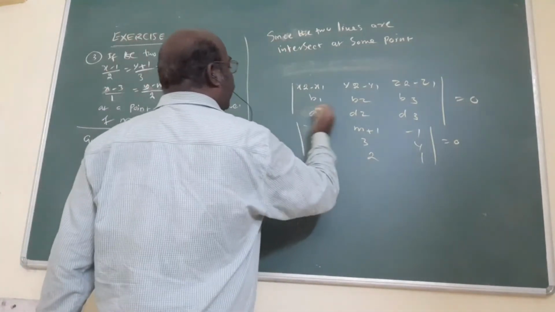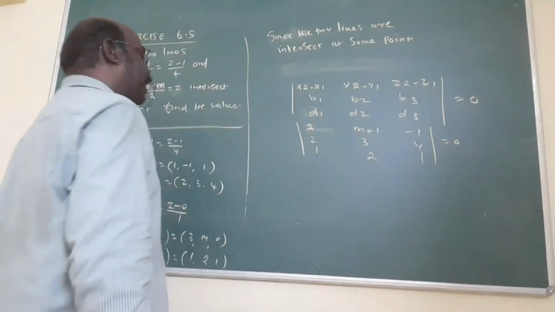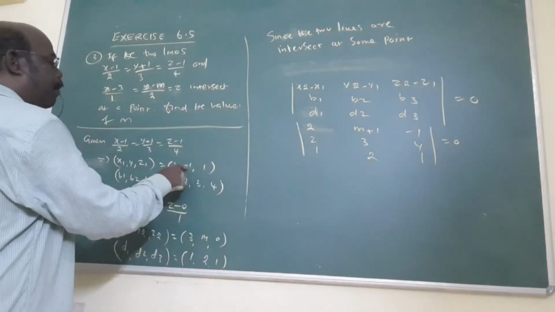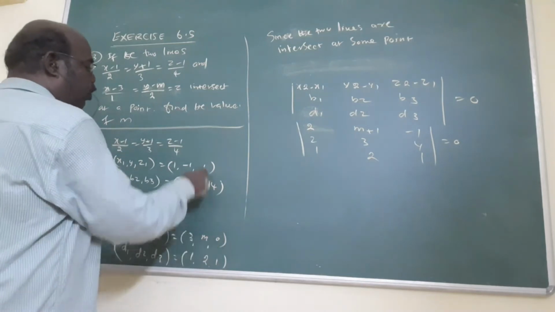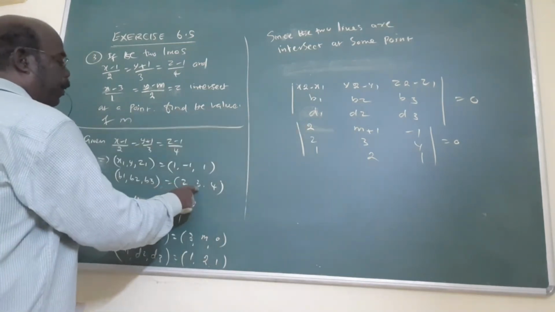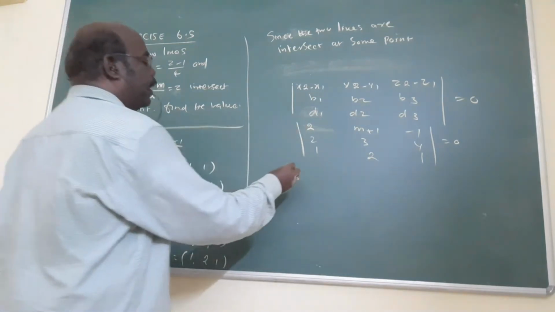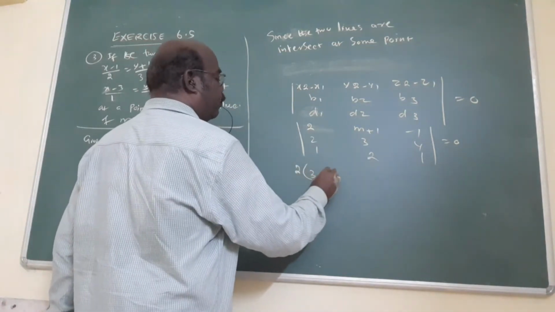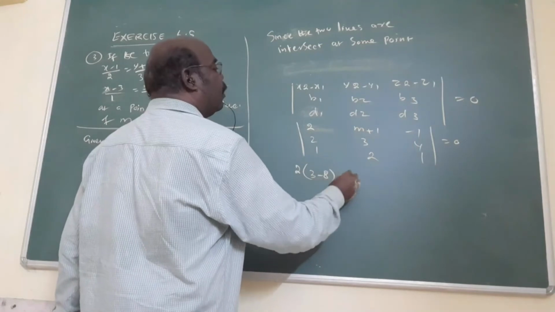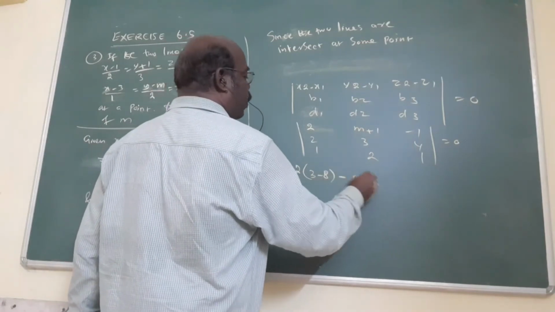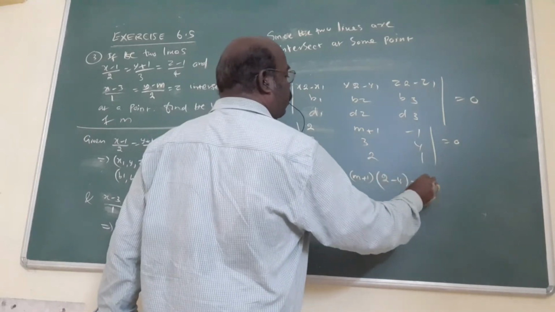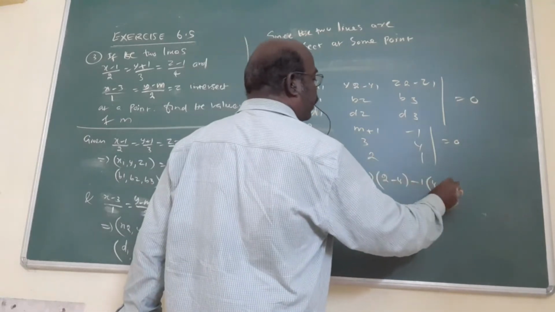Now directly, 3 minus 1 is 2. Am I correct? I can answer directly. 3 minus 1 is 2, m minus half minus 1, that is plus 1, m plus 1. 0 minus 1 is minus 1. Here b1, b2, b3, d1, into x1, that is the answer. 2 into 3 minus 8, minus (m plus 1) into 2 minus 4, minus 1 into 4 minus 3.